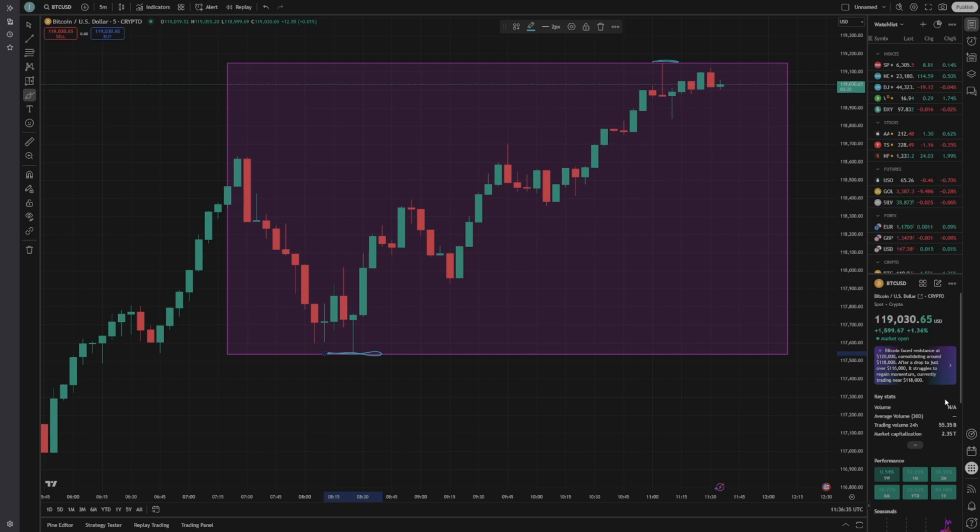It's also where a lot of retail traders place their stop losses when they're trying to go long. That's why this level often acts as resistance. When price reaches the top of the box, it often struggles to push higher. Sellers begin to step in, and price may reverse or consolidate. So remember this. The top of the box equals sell zone. The bottom of the box equals buy zone.